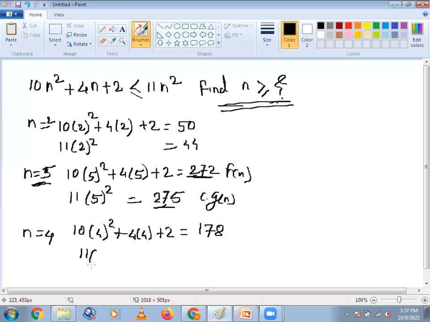Okay, then 11 into 4 square, 176. So it satisfies the equation at n is greater than equal to 5.